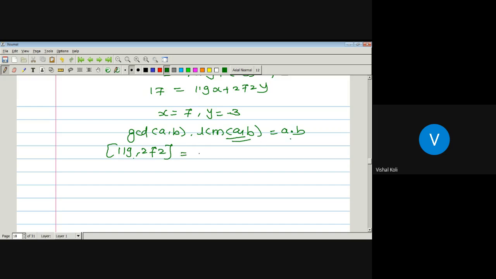So it is 119 into 272 divided by the GCD of 119 and 272, which is 17.